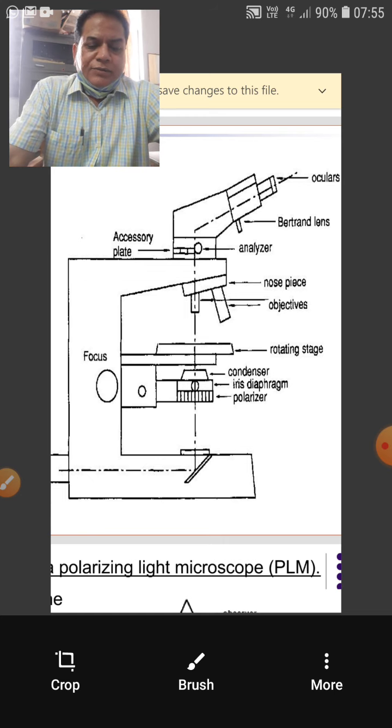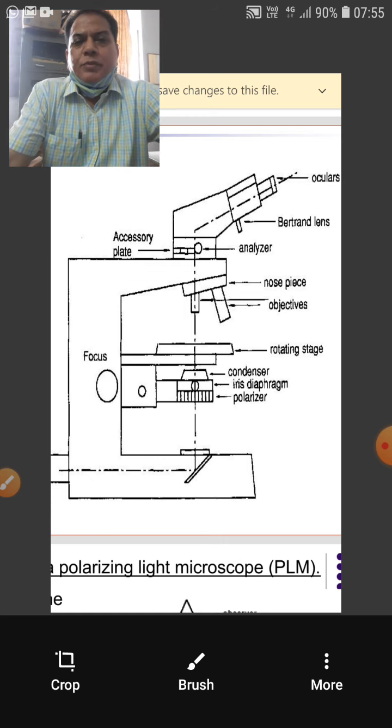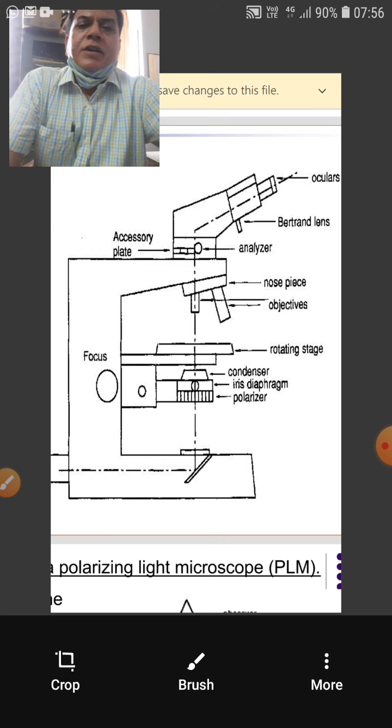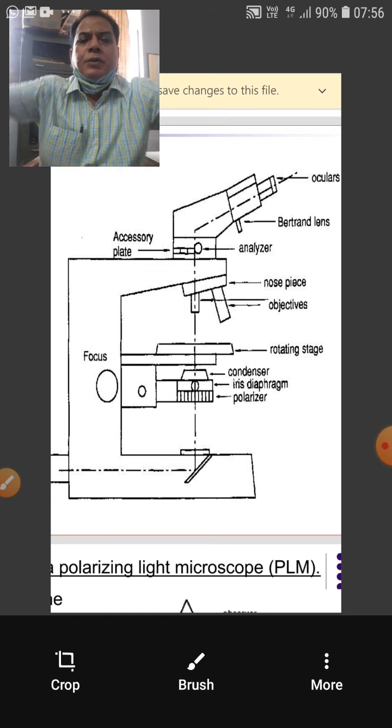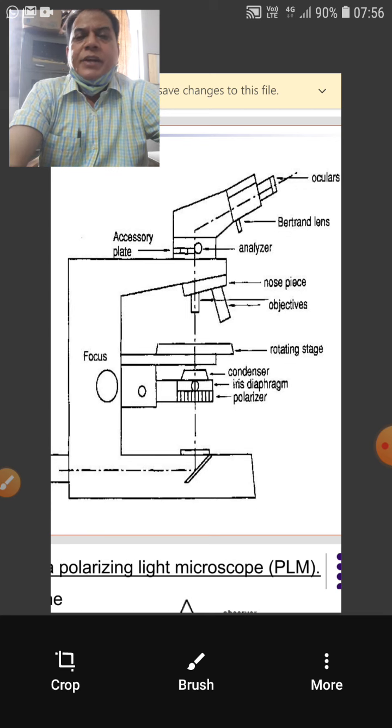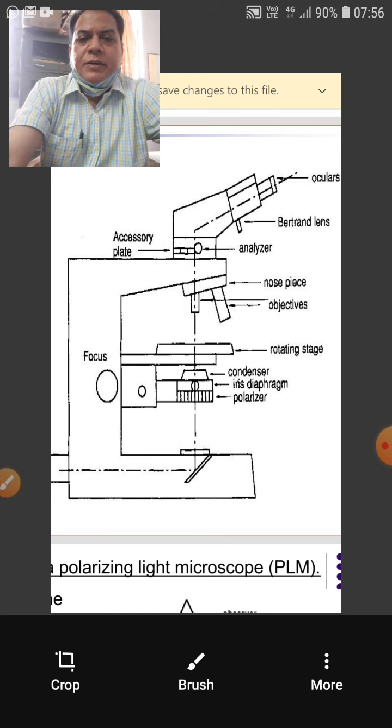Now further, how to proceed? Suppose in a rock there are a number of minerals, how to identify the mineral, that is important. So we have to take the help of the optical properties of individual minerals. In general, rock forming silicate minerals we categorize into two categories, felsic and mafic.